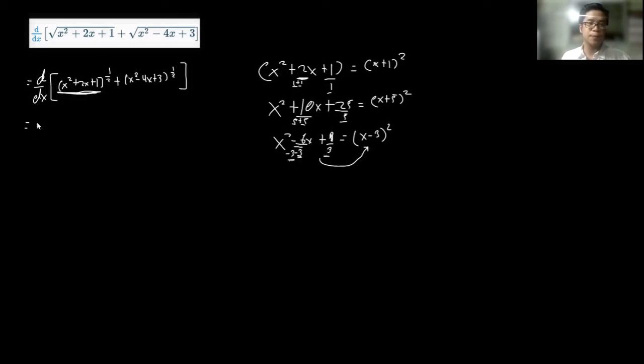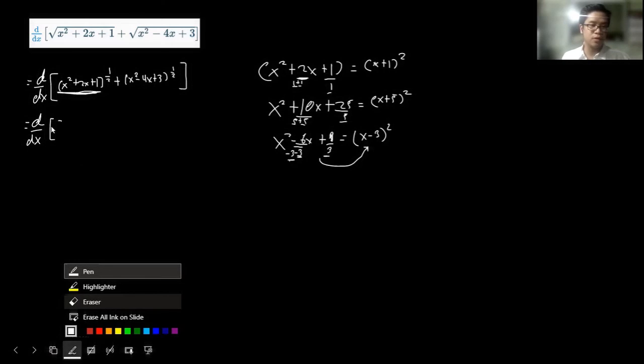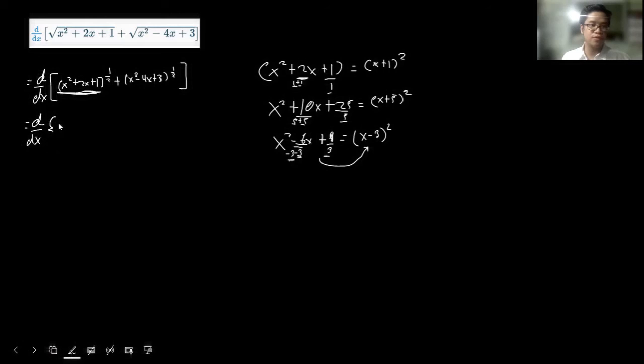So this means I can rewrite this as the derivative of, I think I'm going to use a different bracket here. This is the derivative of x plus 1 squared raised to 1/2, plus x squared minus 4x plus 3 raised to 1/2.